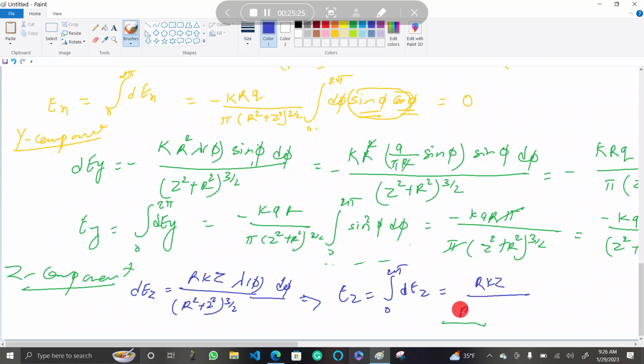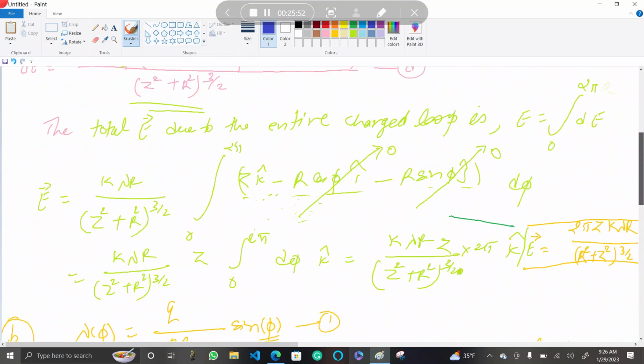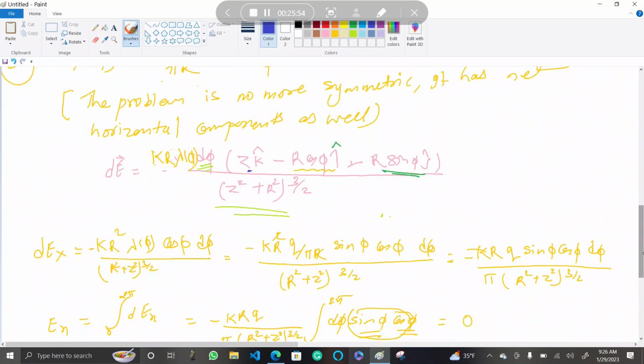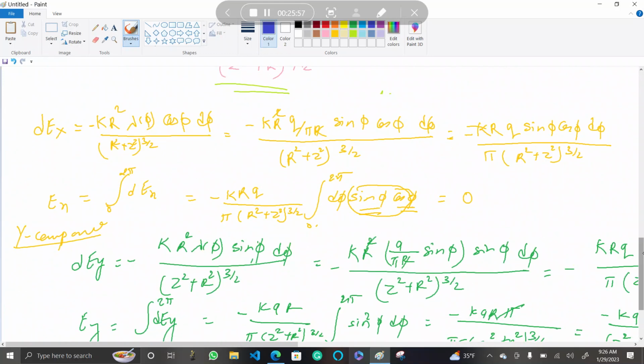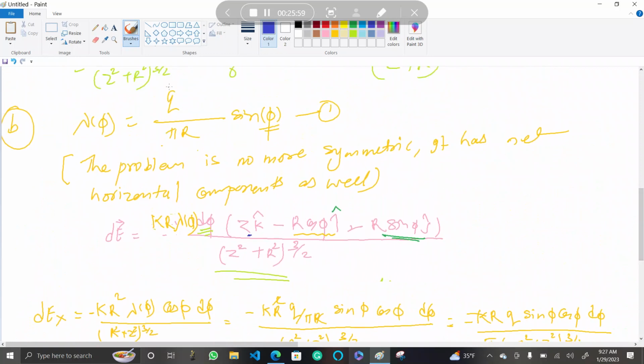Equals r k g over r square plus g square to the power 3 by 2, and we have 0 to 2 pi sin phi into d phi. Remember that this sin phi came from the charge distribution given here.